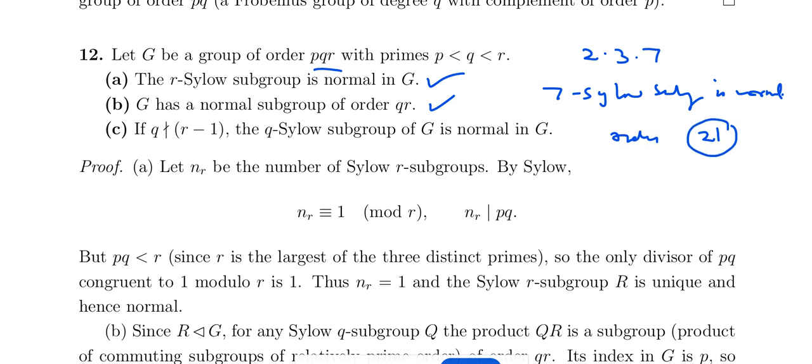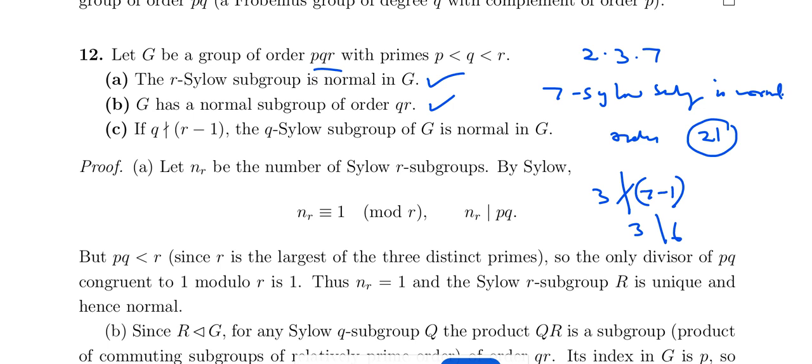And what about Q? Q is 3; if 3 doesn't divide 7 minus 1 we could say the 3 Sylow subgroup of G is normal, but here 3 divides 6, so we cannot say that.